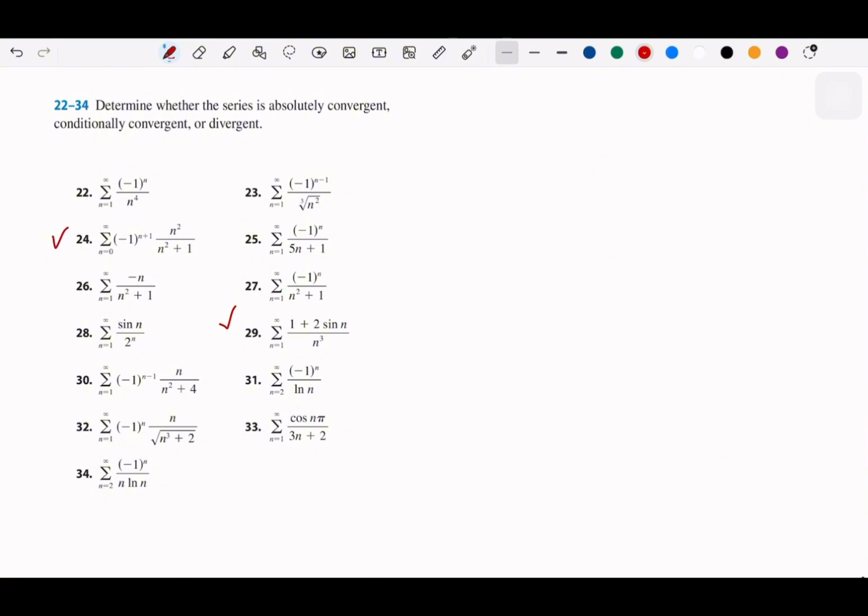Okay, so let's try these three numbers: 24, 29, 32.